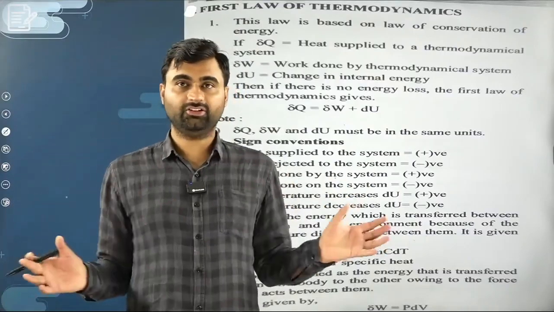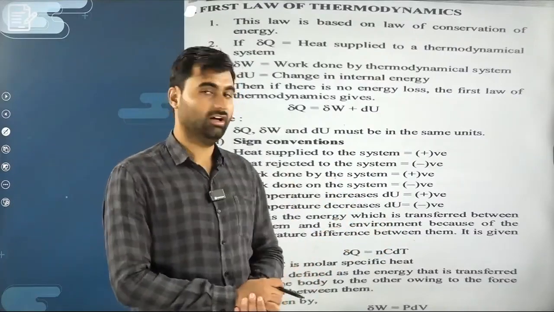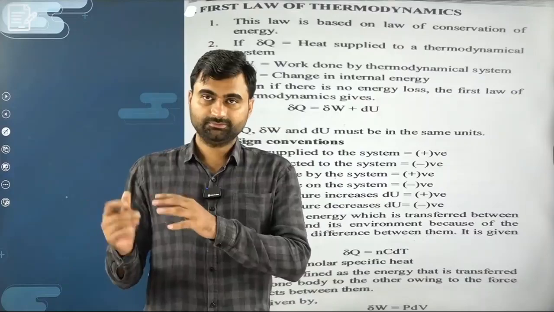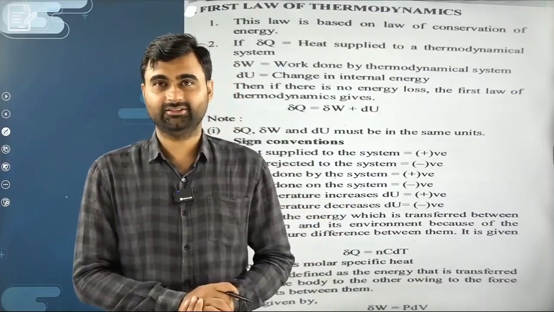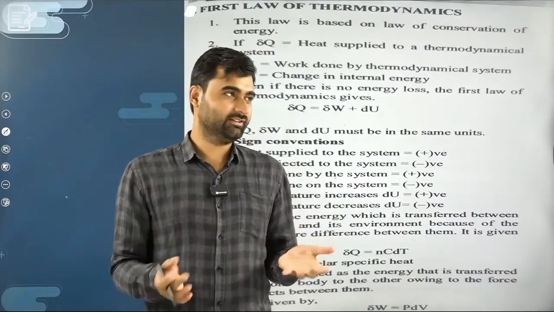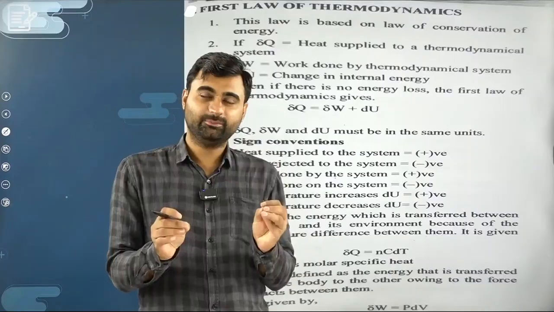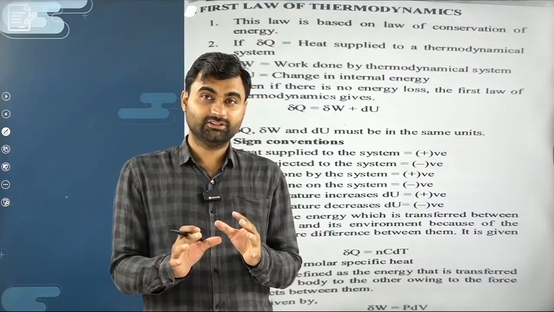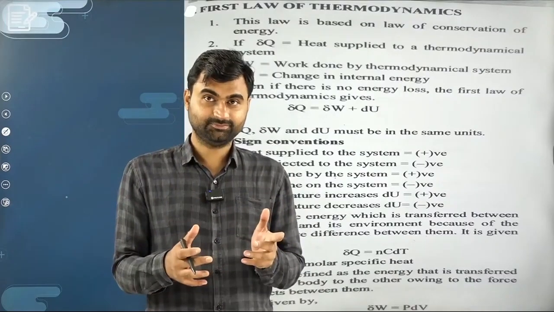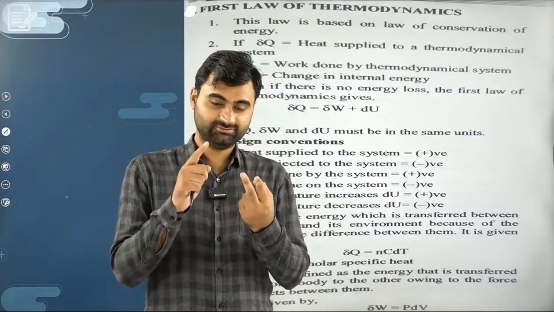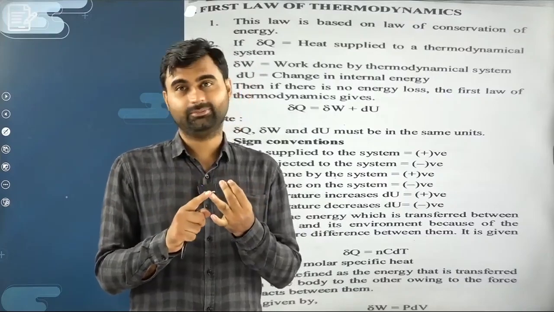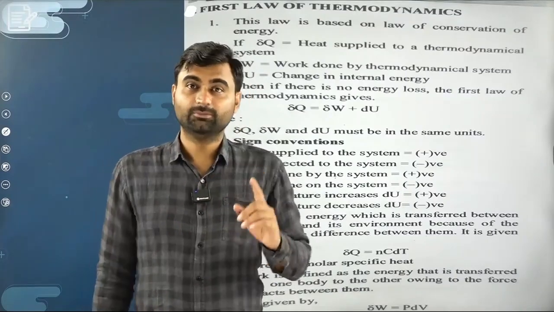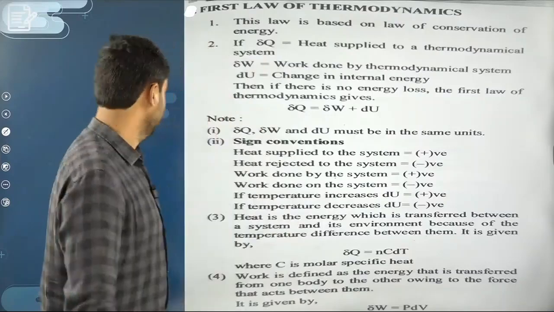So we understood everything about work done and internal energy. Okay, so what is first law? The very basic point, first law relates internal energy, work done and heat supplied. Move back to the first point.